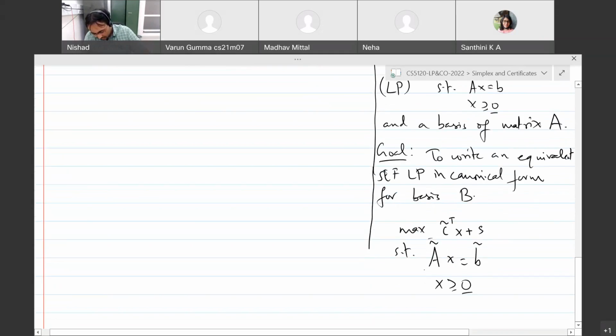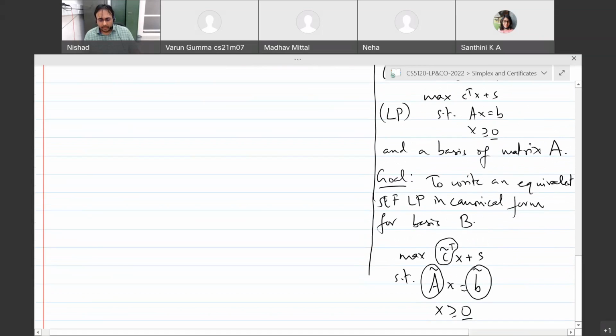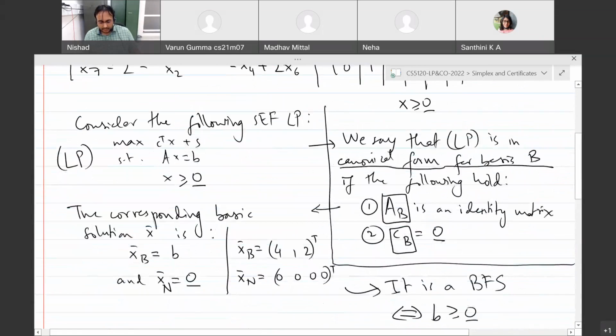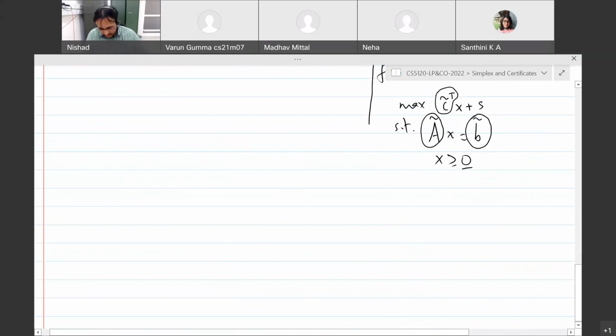So we need to figure out what all these are. Okay, and these should satisfy the canonical form conditions that we discussed. In particular, we want A tilde B to be an identity matrix and C tilde B to be 0. Right? So we need these two properties.